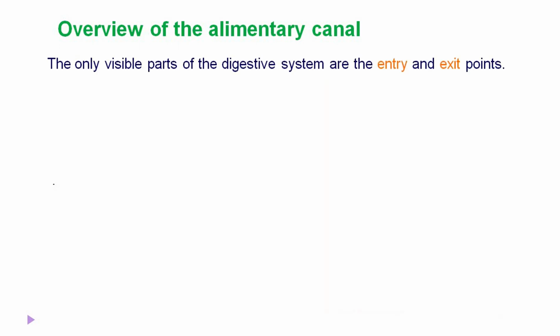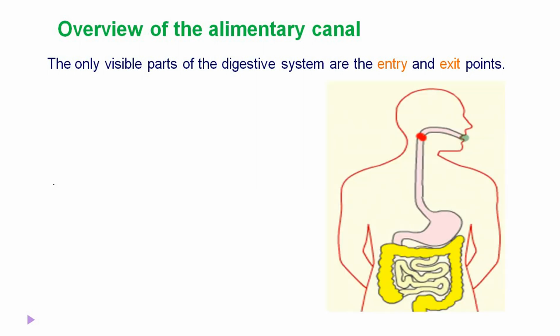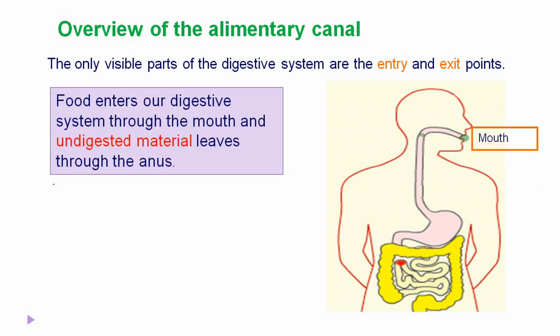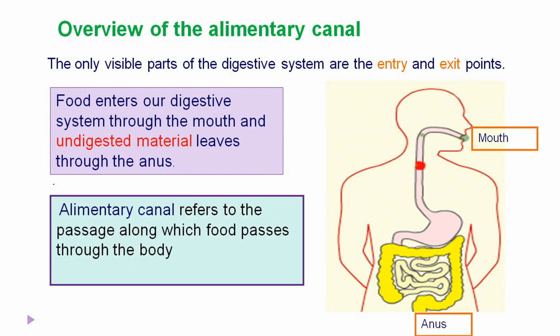Let's proceed. The only visible parts of the digestive system are the entry and exit points. Food enters through the mouth and undigested material leaves through the anus. The alimentary canal refers to the passage along which food passes through the body from the mouth to the anus.